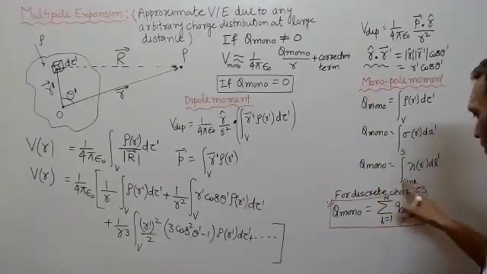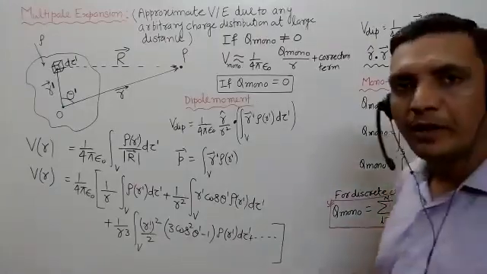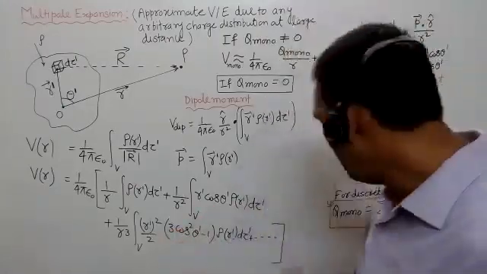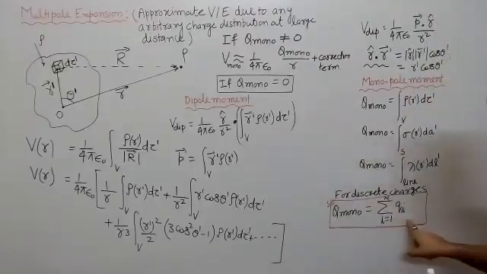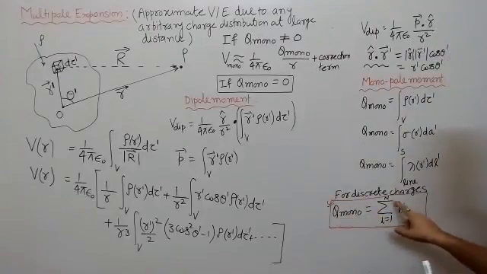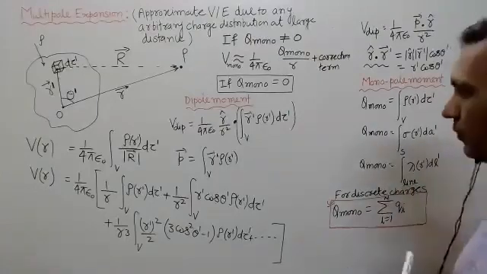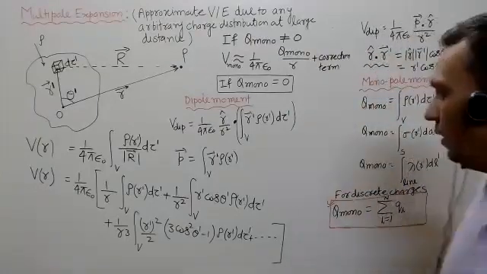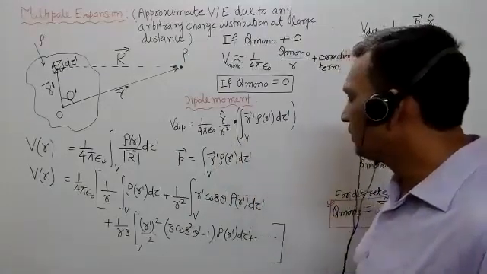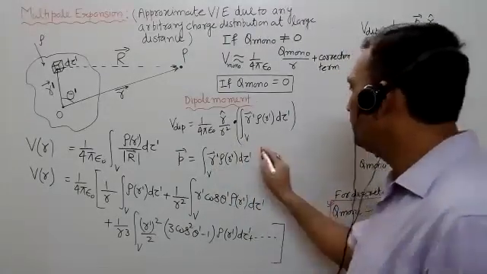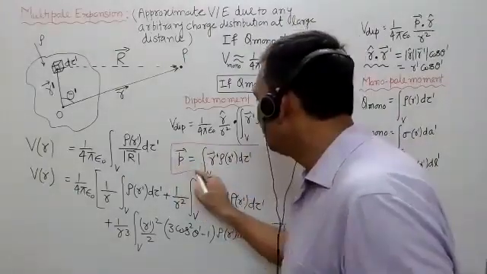This is summation over Qi, the monopole moment, that is the total charge of the configuration. Please correct it. Q mono is simply the sum of Qi, i equals 1 to N. And this, with d tau dash, is the dipole moment of the charge configuration.